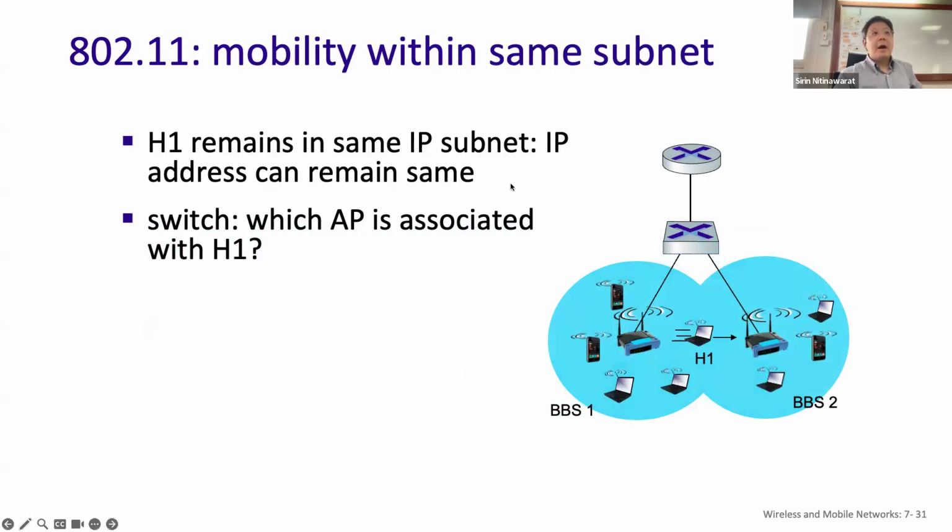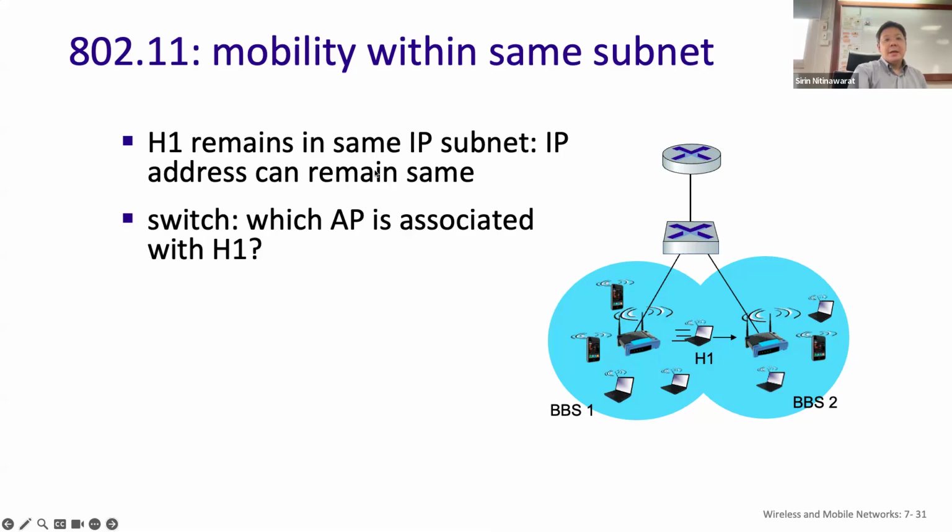Okay, of course, we're talking about the Wi-Fi network as a type of wireless network, right? So mobility can happen, okay? So we first consider a very mild situation where a host or end device is moving from one Wi-Fi cell to the other nearby Wi-Fi cell, right?